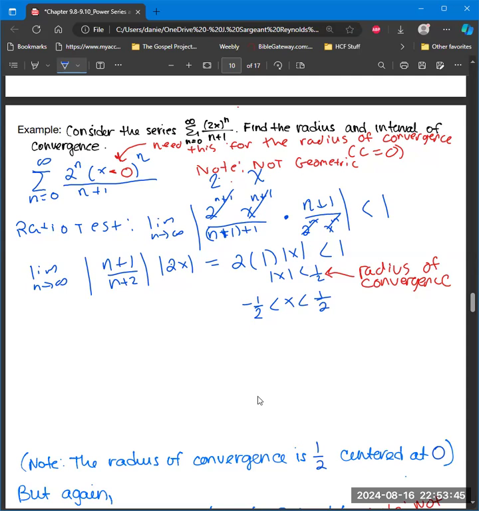The 2 can come out of here, times this limit, which is 1, so I have 2 times the absolute value of x is less than 1, so the absolute value of x has to be less than 1/2.